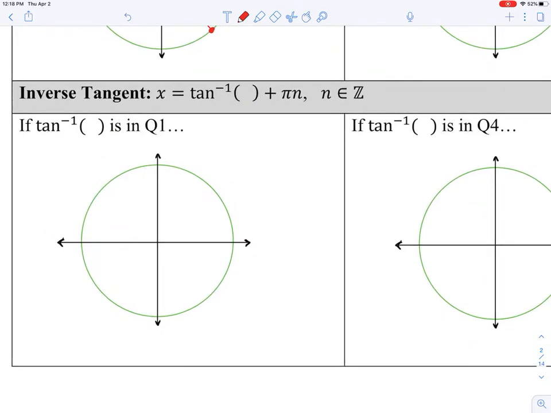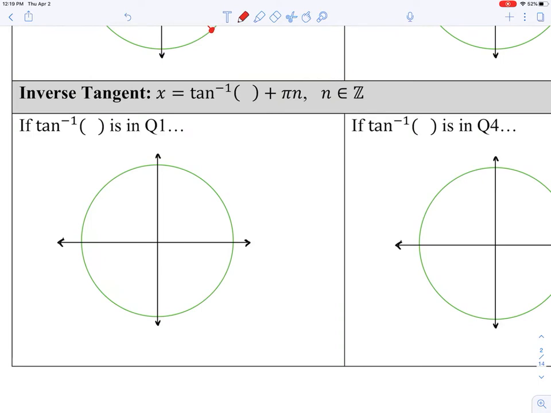Now, when you have to use inverse tan, that one's easy. That's only one part. So remember, the fundamental period for tangent is pi. So if you have tangent of x equals a number, the general solution set would be x equals inverse tan plus pi times n, where n is an integer.